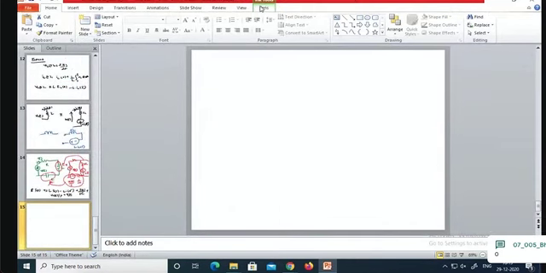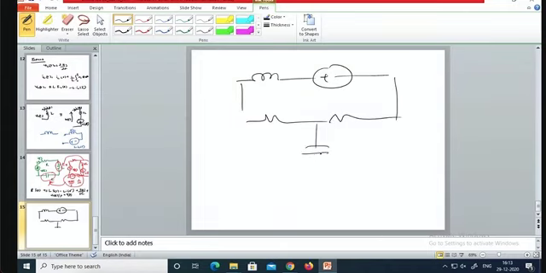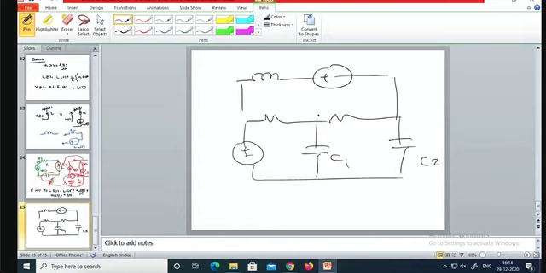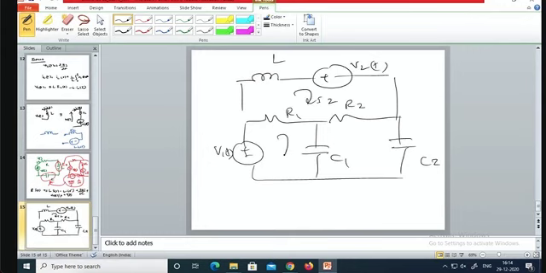Here there is C1, this is C2, R1, this is R2, and V1 of t, and V2 of t, and this is L, with currents I2, I1, and this is I3.